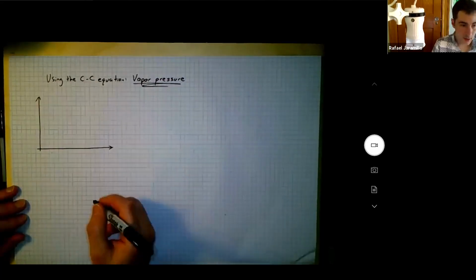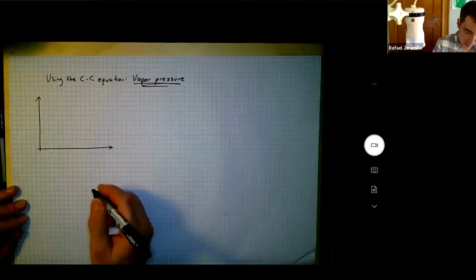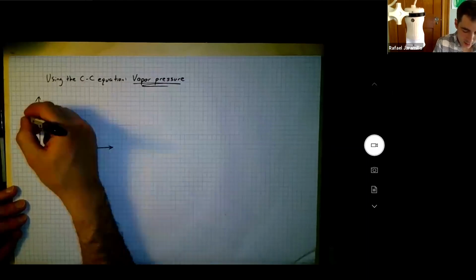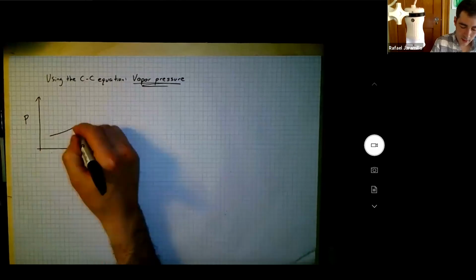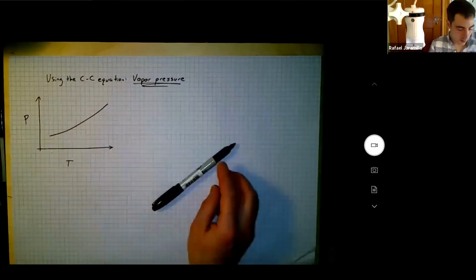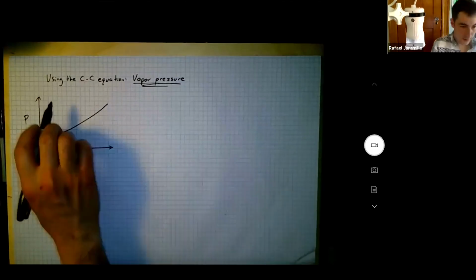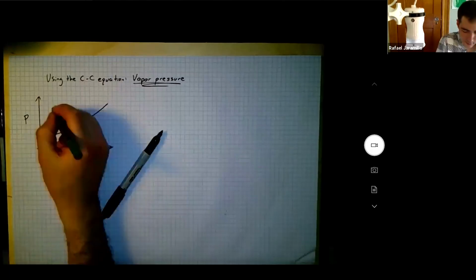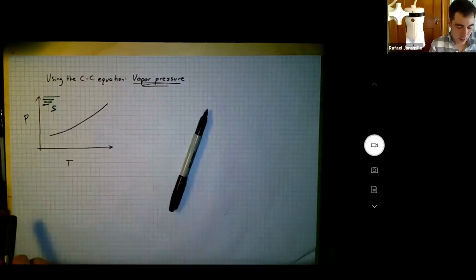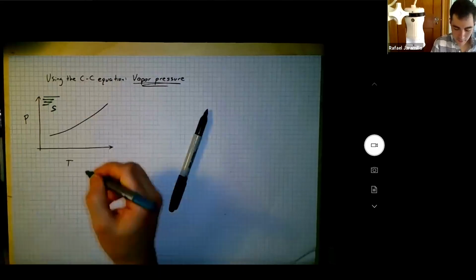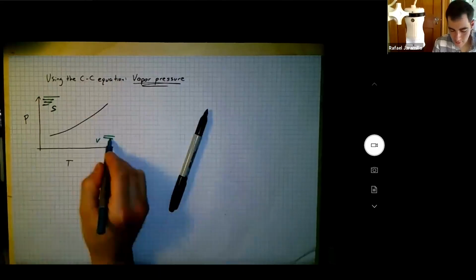I have temperature here, and pressure here. That's a typical way that vapor pressure curves are plotted, and there's a typical curve. Here's solid, for instance, and here is vapor. I use green for both. That's not very creative.